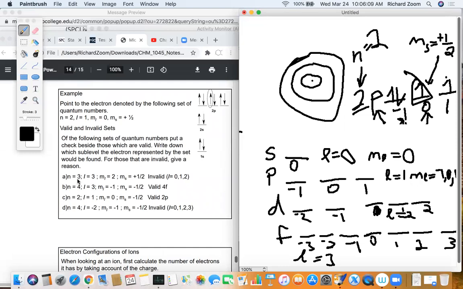Is that okay? Yeah, that works for me. Thank you. Okay. Understand though, it can't just be 2. It can be 0, 1, or 2. So that makes this whole set invalid if L equals 3. Any questions?